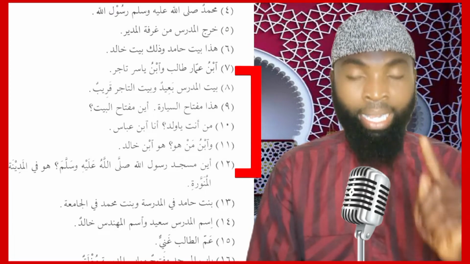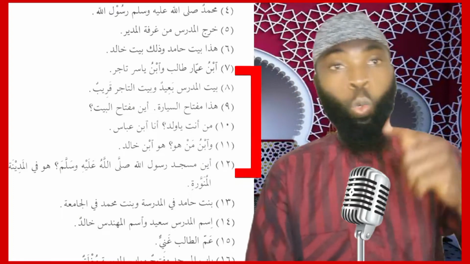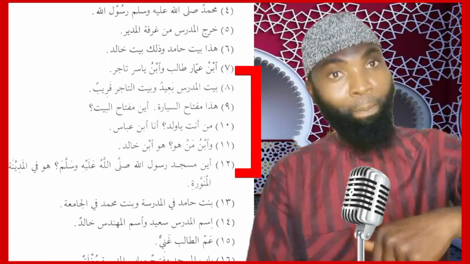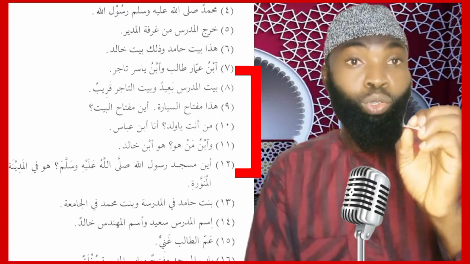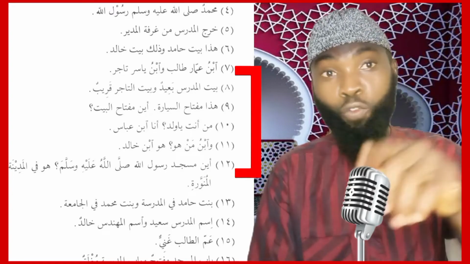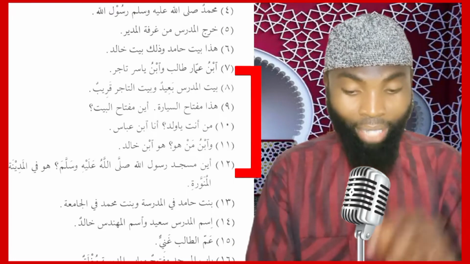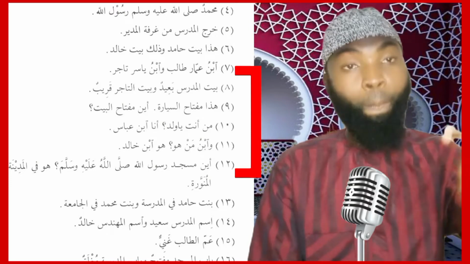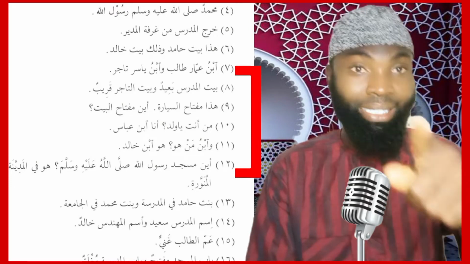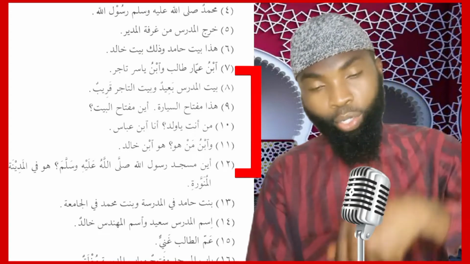Number 12, Aina masjidu Rasulillahi. Where is Allah's messenger's mosque? We can see we have double mudafun and double mudafun ilayhi, double possessed and double possessor. Number 1, the word masjidun is mudafun. It is being possessed. Who possesses it? Rasul, messenger. So that's why we have Aina masjidu Rasuli.